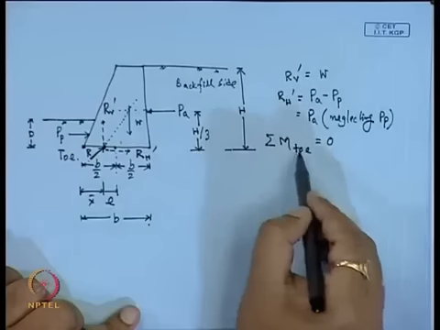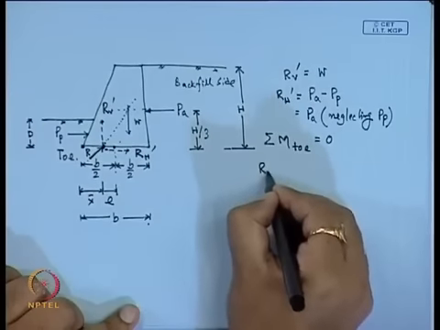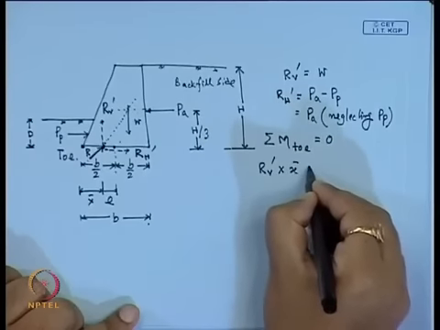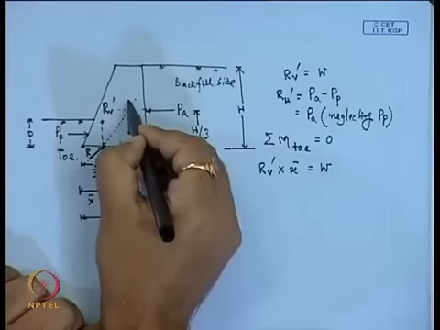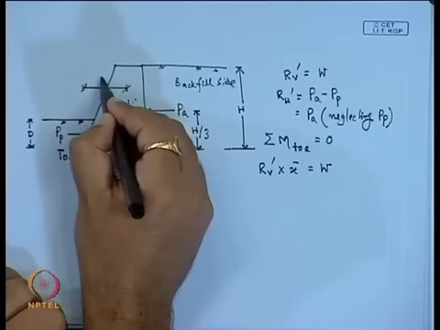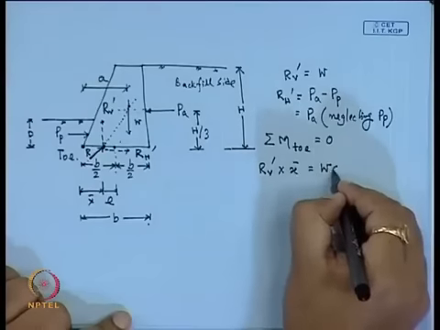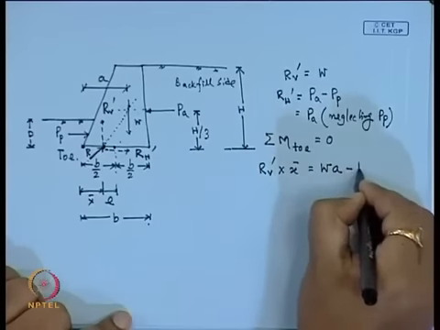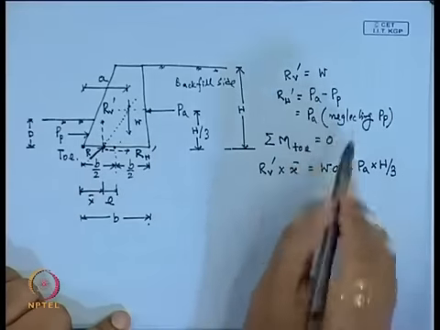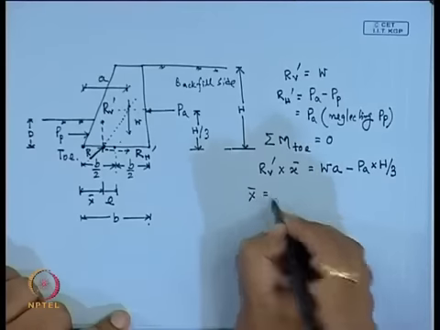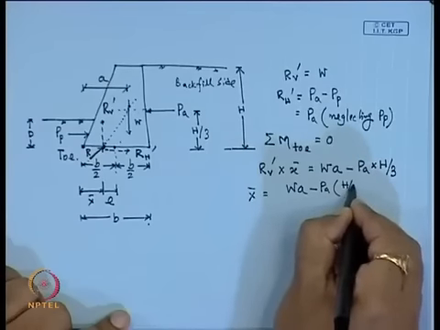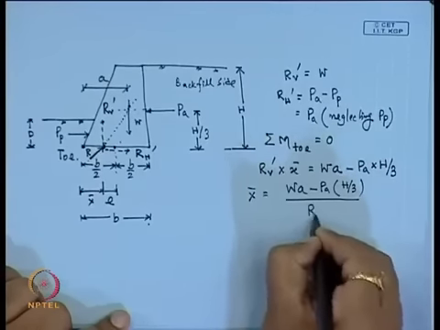So we can write that R V dash into x bar is equal to W, and if W is acting at a distance of a from the toe of the retaining wall, this is W into a, then minus P A into h by 3, as we are neglecting P P. So we can write that x bar is equal to W a minus P A into h by 3, divided by R V dash.